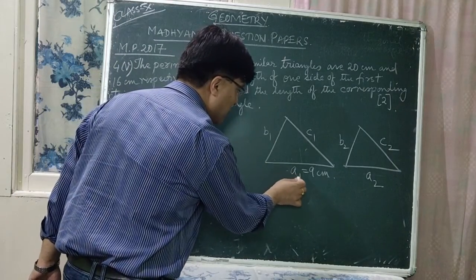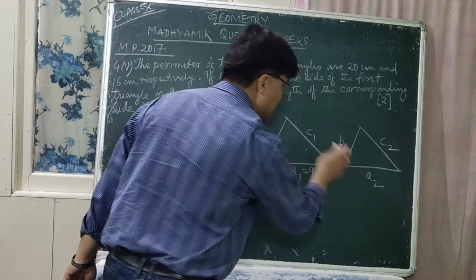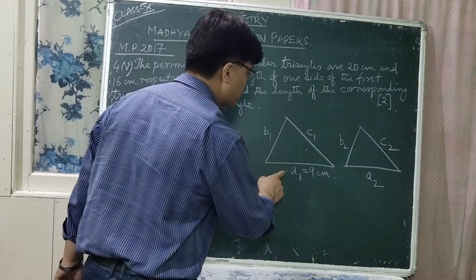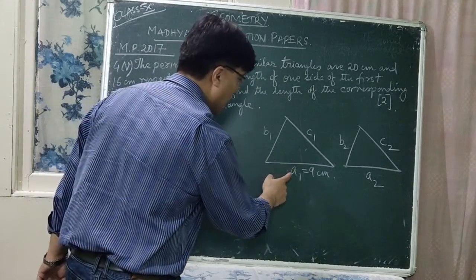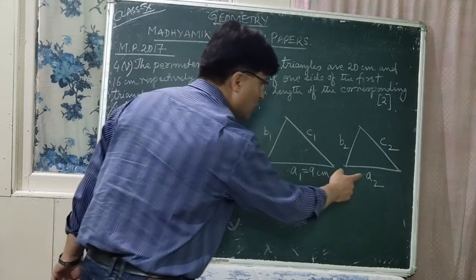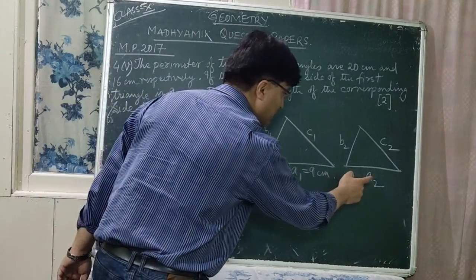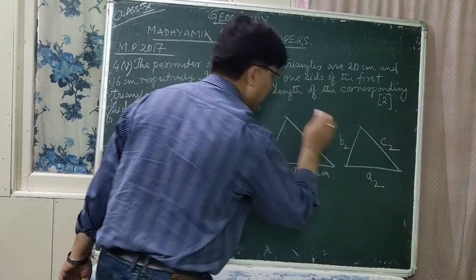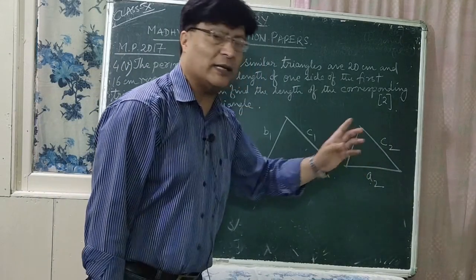If A1 is 9 centimeter, the corresponding side of the second triangle is A2. You have to find out the length of A2.